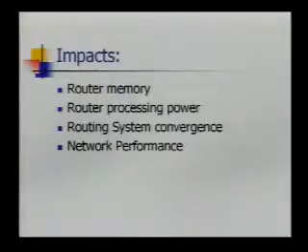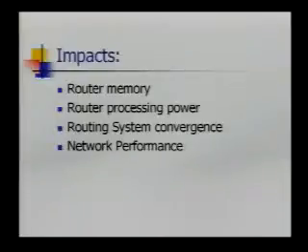All this deaggregation has impacts. It has impacts on router memory. Obviously, I work for a vendor, and vendors seem to be quite happy to sell lots of router memory to ISPs. I used to work for an ISP before, and I wasn't too happy about buying lots of memory from my favorite vendor. So that has an impact for service providers. Router processing power, people don't seem to think about that too much, but there is a fairly serious impact.